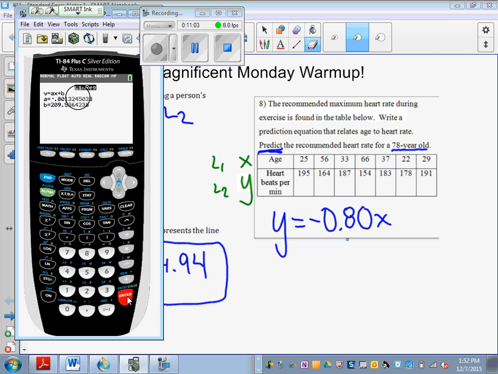So this number, I have 209.536. So 209 positive 0.5. And then I look at my third number. 6 is bigger than 5, so that makes 3 go up.